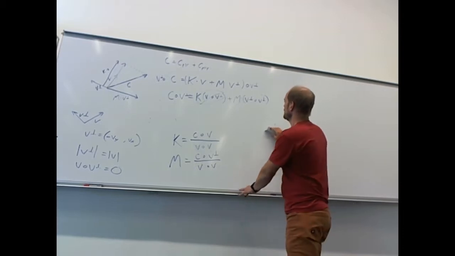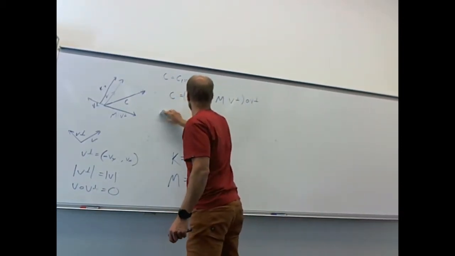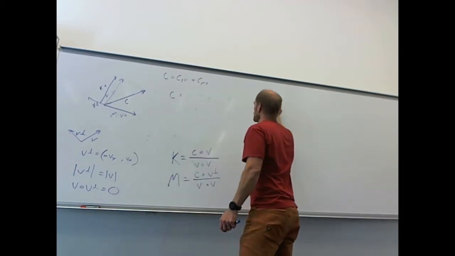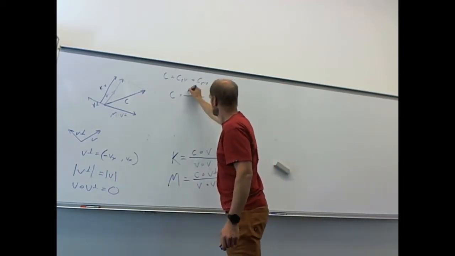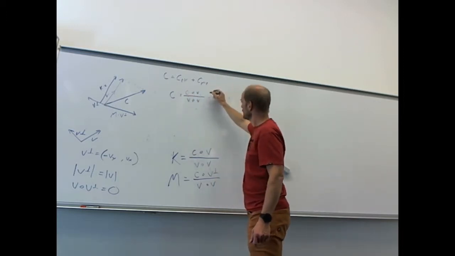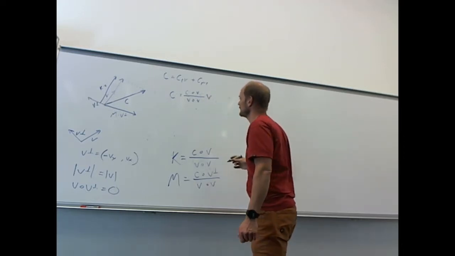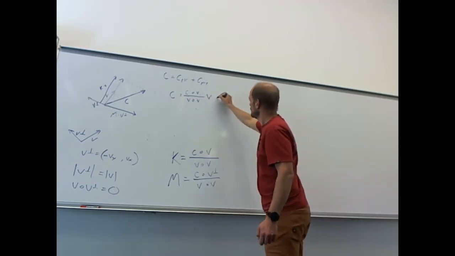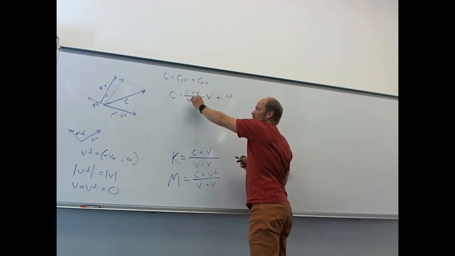So then we can simplify this here, and just write this up and say c then equals c dot v divided by v dot v times v, right? Plus, to make this a vector, because these dot products just yield numbers.